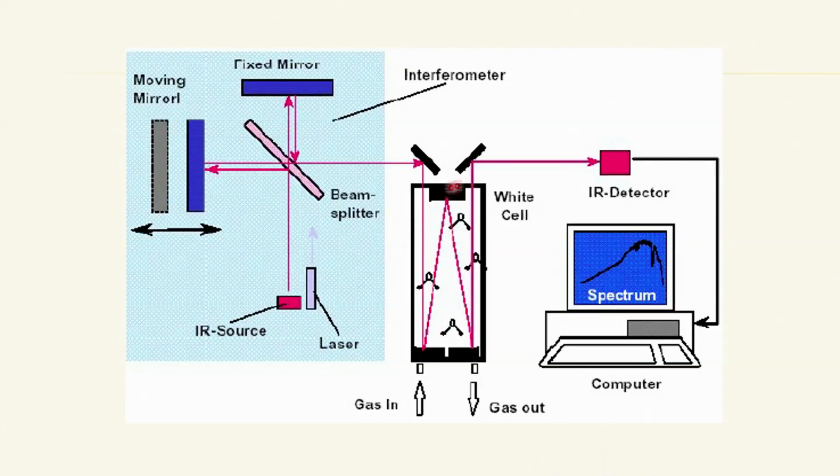And the IR detector is here, and this is a computer that controls everything, that is movement of the moving mirror, laser control, reference control, and sample collection of the data and all that. And it produces an IR spectrum here.